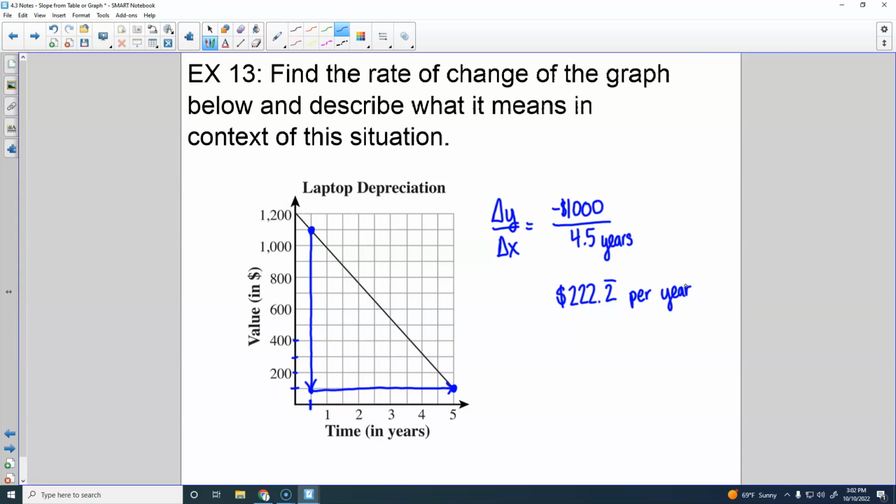So let's write a sentence for this. What does this tell us? A laptop goes down 222.2 per year. Let's not say the laptop. What are we talking about? The value. I like the word value a little better than price of the laptop.